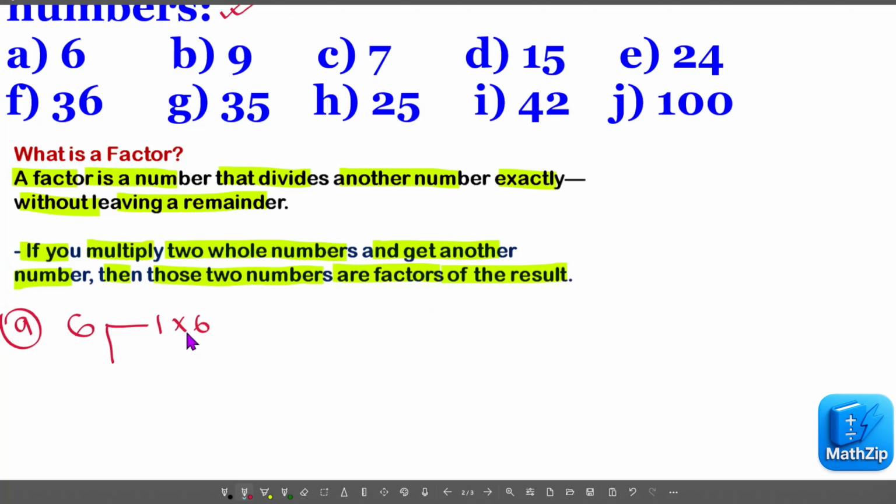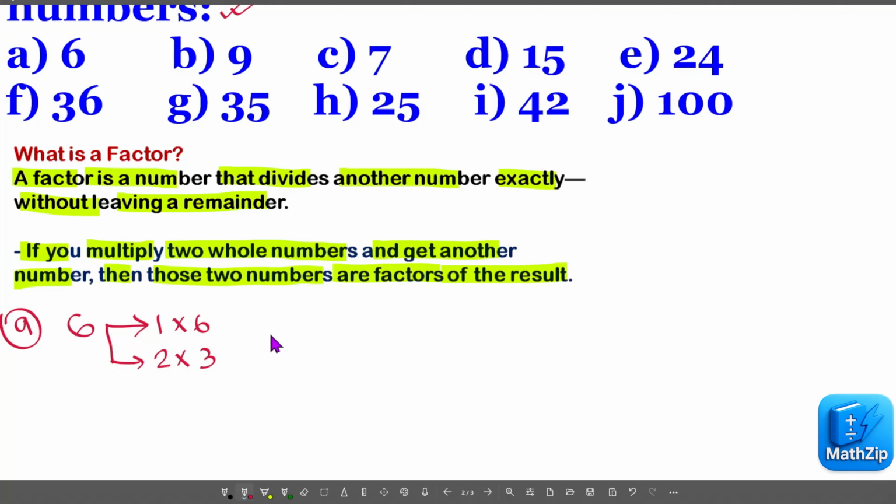So 1 times 6 is 6. And also, a factor is a number that divides another number exactly. So you can divide 6 by 1, and also by 6. And 2 times 3 is also a factor pair of 6, because you can divide 6 by 2 and also by 3. So these are exactly the factors of 6.